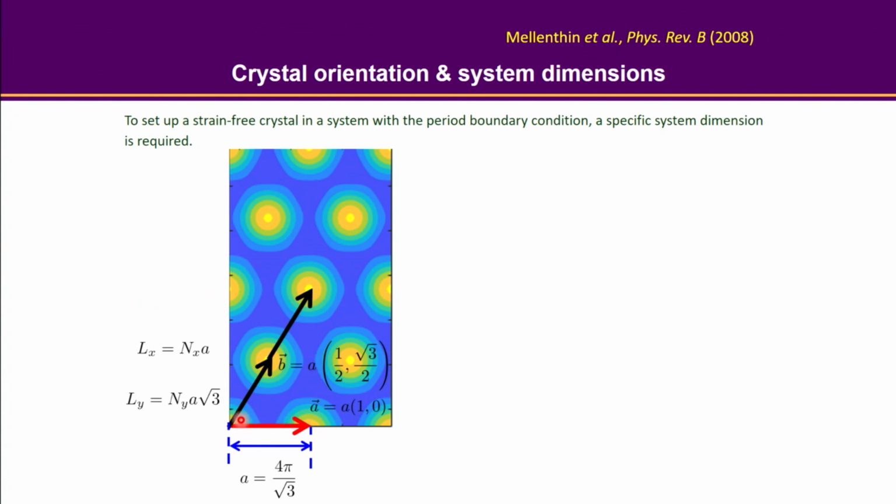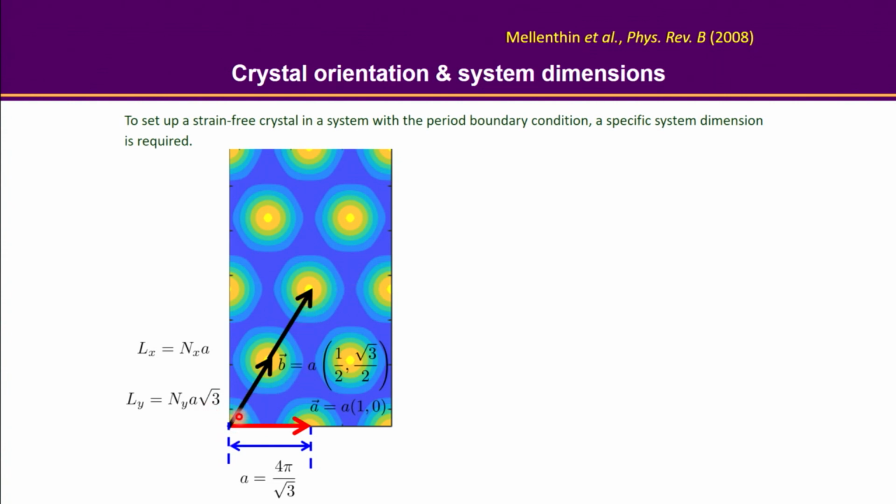Why? Because now the question is, if I just go from atom to atom, if I go along in the B direction, how many B am I going to take? So in the horizontal direction, the length is just equal to this red vector, because after that I'm going to repeat myself.